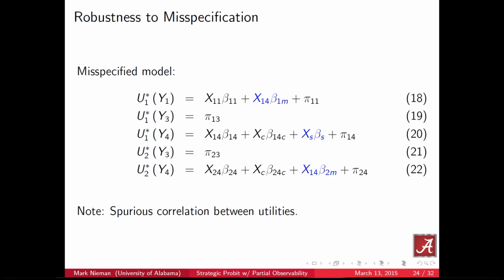I include a spurious regressor, this X subscript S, beta subscript S, in the player 1's Y4 outcome. That one should simply not be there. And finally, in player 2's Y4 outcome, I'm including a regressor that should really only be in player 1's Y4 outcome and should not be attributed to player 2 at all.